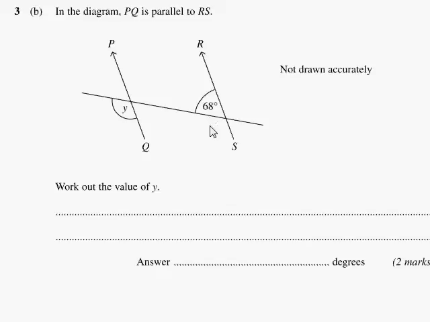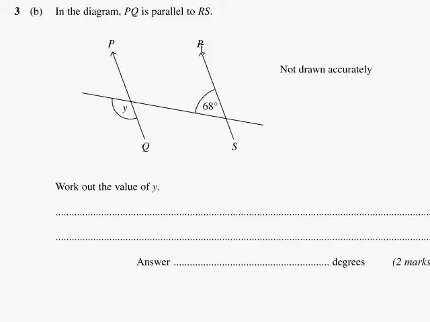So this angle here between RS and the middle line will be equal to this angle Y. If you can find out what this angle is, then you will know what the angle Y is because they're equal. So let's do that now. You should already know that angles on a straight line add up to 180 degrees.